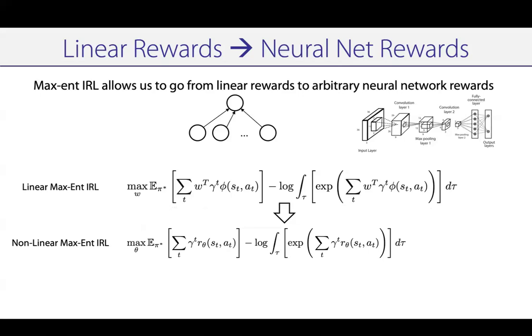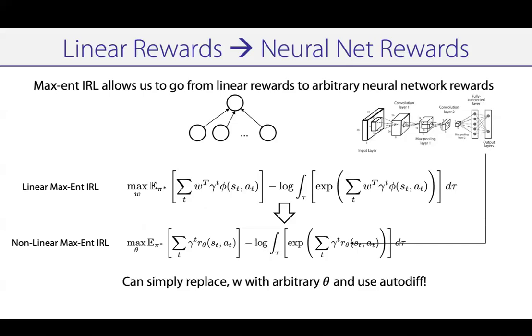You're going to do exactly the same thing, but rather than taking the gradients of a linear thing, you're going to take the gradients of a nonlinear thing. You represent R theta by a neural net, and then just use auto differentiation.